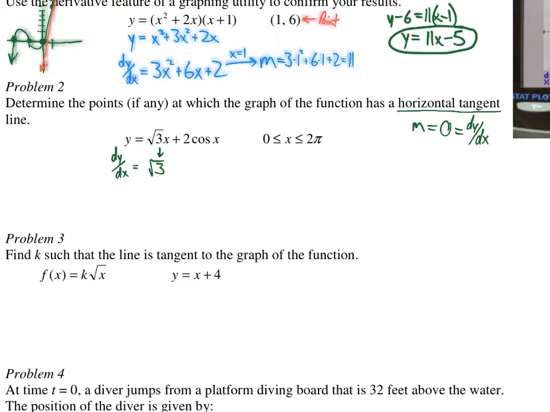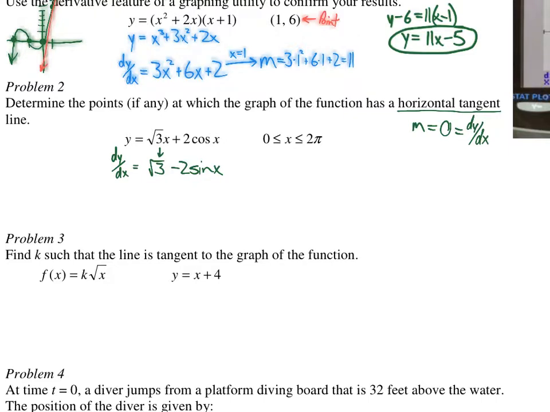All right, so radical 3. What's the derivative of 2 cosine x? Very good. Negative 2 sine x. The derivative of cosine, remember, is negative sine. So it's negative 2 sine x.